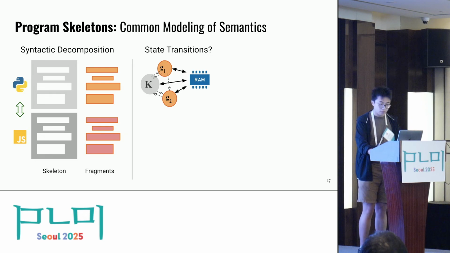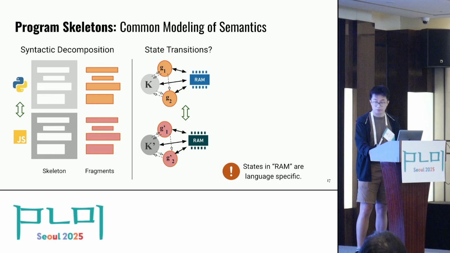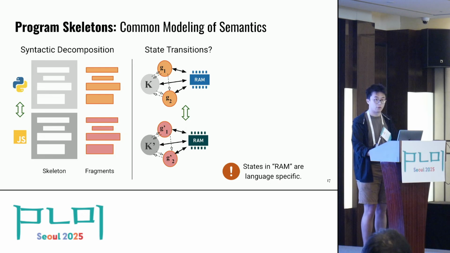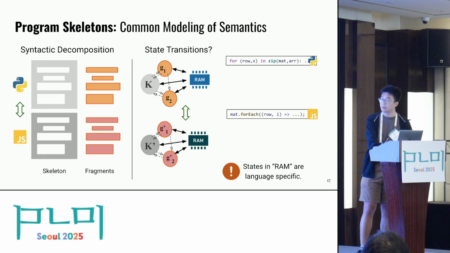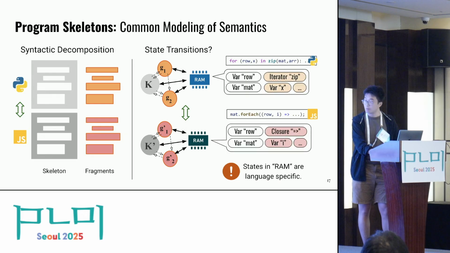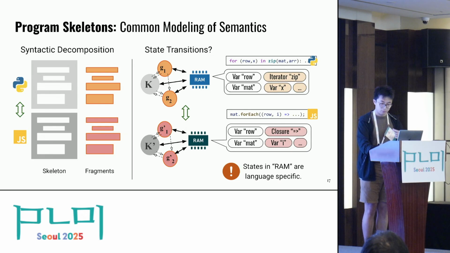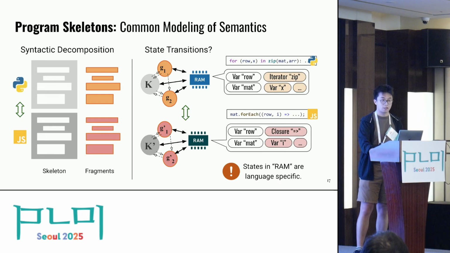However, the problem of such modeling is that such memory states capture low-level details that are language-specific and may not actually transfer over to a different language. For example, consider the for loop in the program we showed earlier. If we look closer at the memory state at the time of control flow transfer to a different function, we will see stateful objects and variables such as iterator zip or variable x that don't necessarily make sense for the other language.